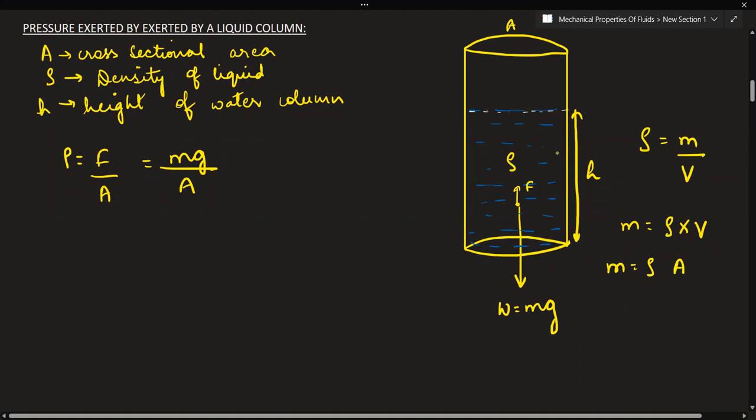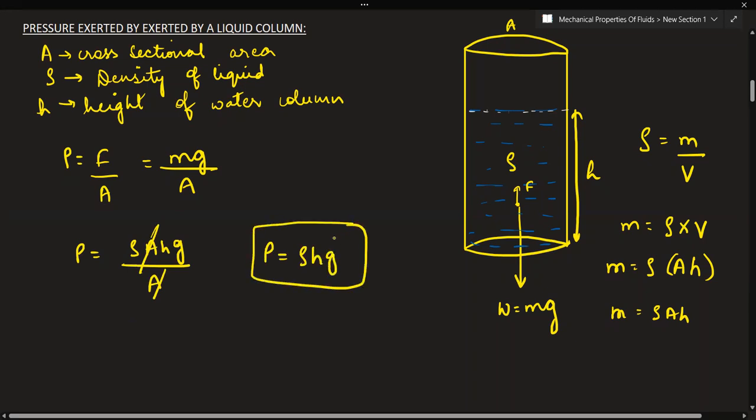Exactly equal to h, the height of the water column. So mass is equal to rho A h. Can I put this value of mass over here? Pressure is equal to rho A h g divided by A. A will get cancelled by this A. P is equal to h rho g.